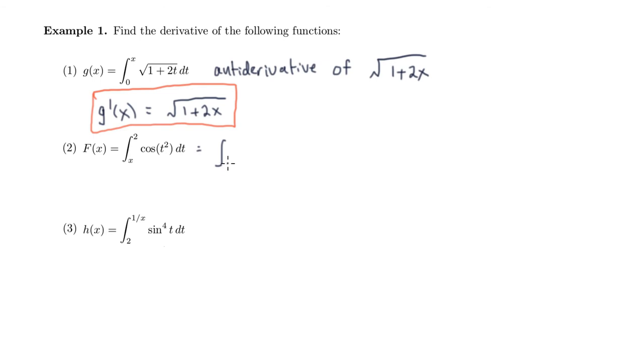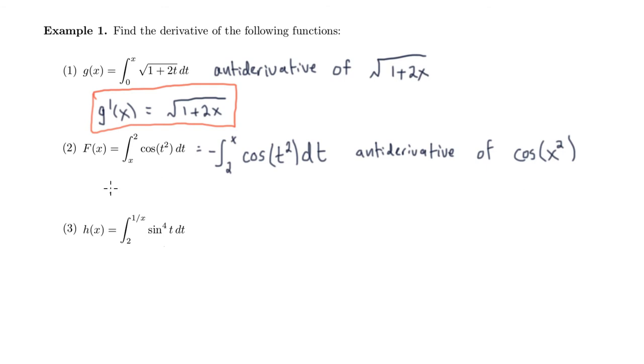So that'll make this 2 to x. And the price we pay is we just pick up a negative sign. And now this is an antiderivative of cosine x squared. So then f prime of x is just negative cosine x squared.